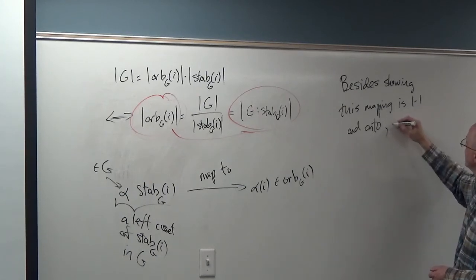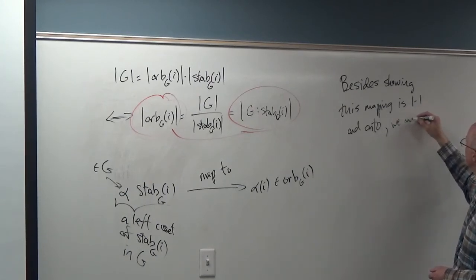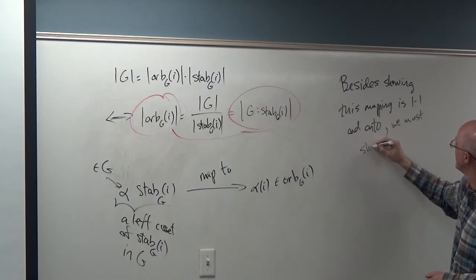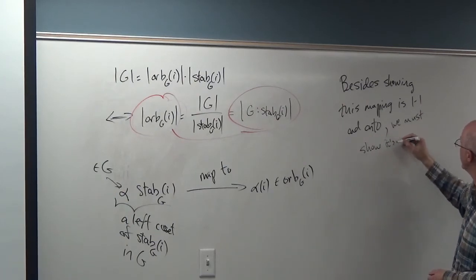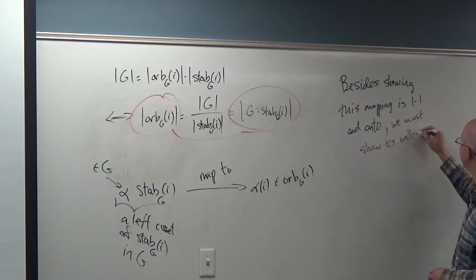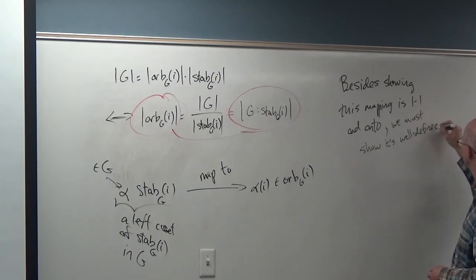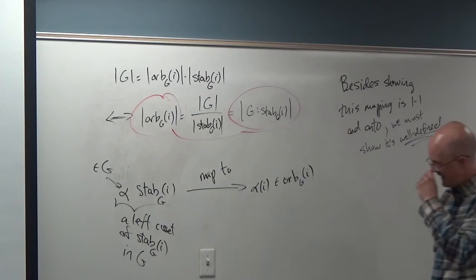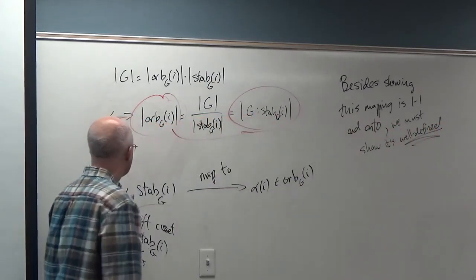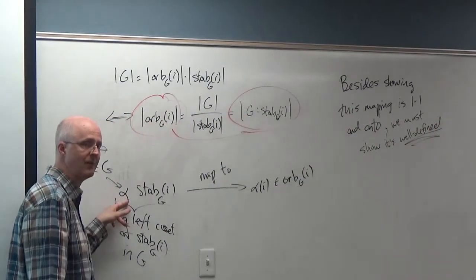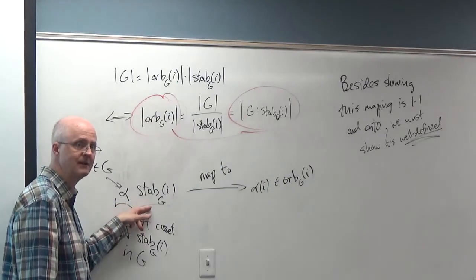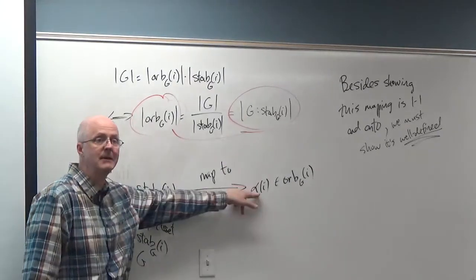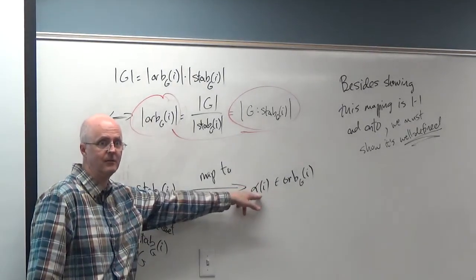Besides showing it's one-to-one and onto, we must show it's well-defined. What does that mean? That's a new idea. It means if I picked another coset representative here for the same coset, that I get the same image over here. It would get mapped to the same thing.